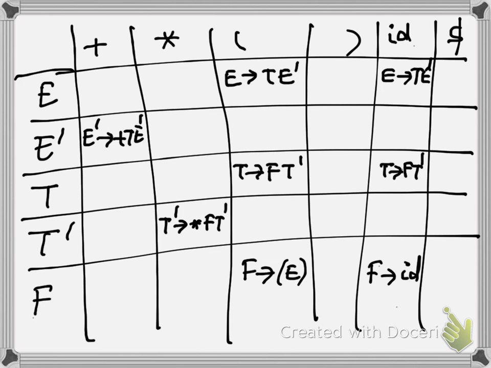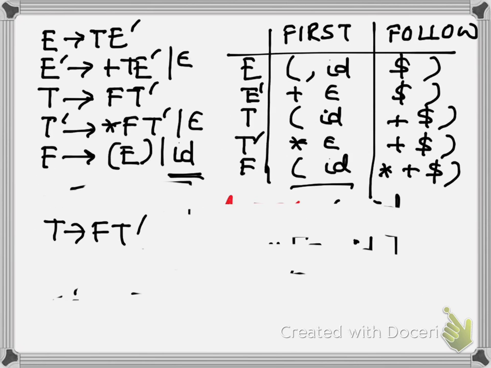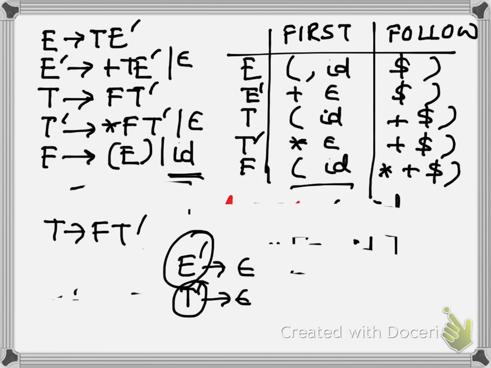Now let us look at the epsilon productions: E dash derives epsilon and T dash derives epsilon. We take whatever is in follow of E dash and follow of T dash, and put these productions in those cells.